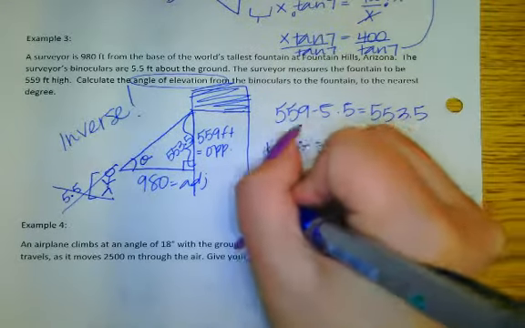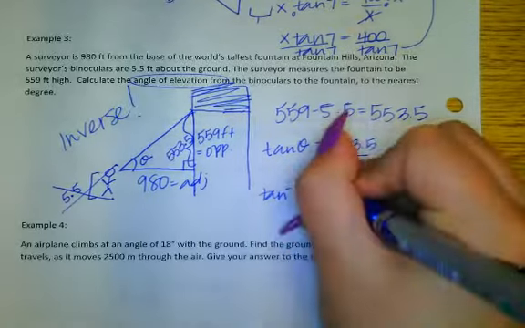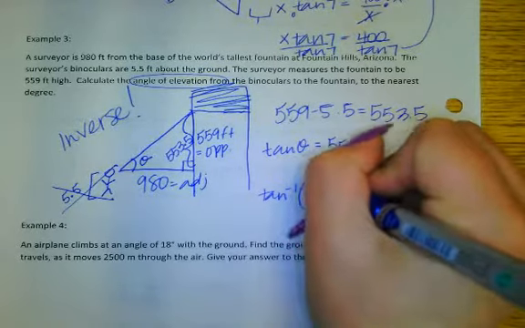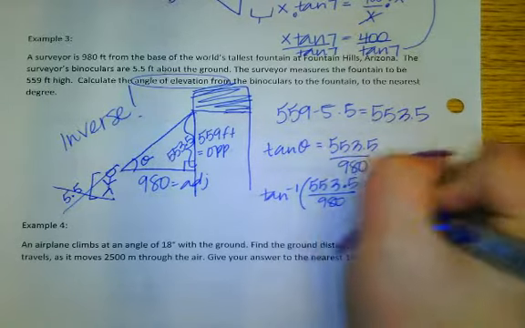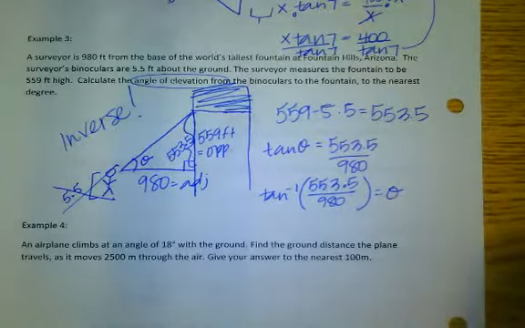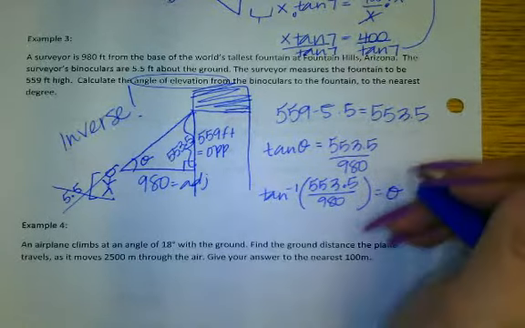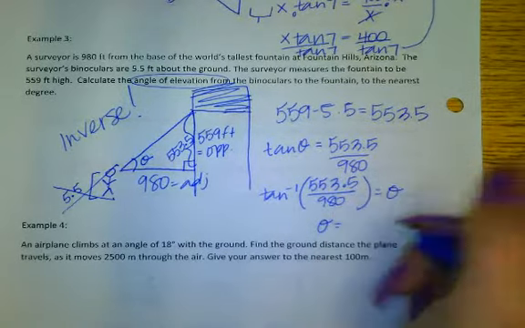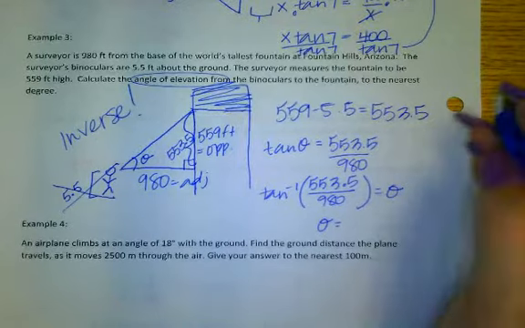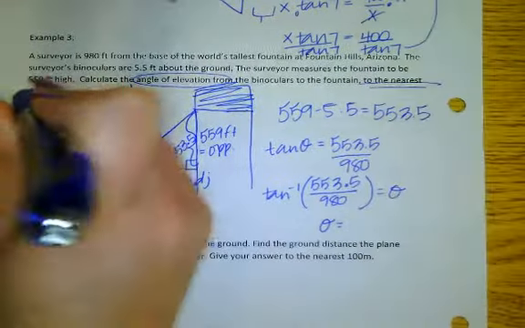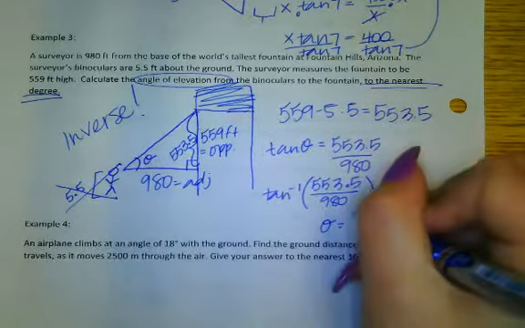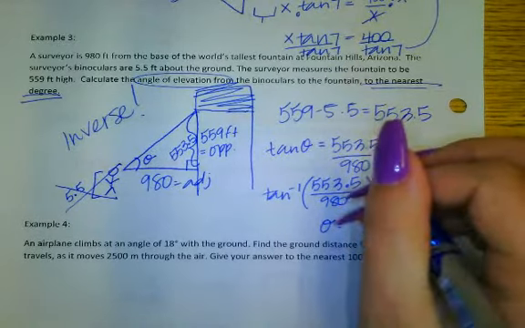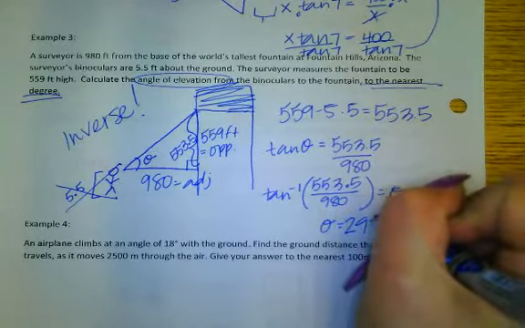Tan inverse. Very good. And what does theta equal, or our angle? To the nearest degree. Pay attention to what you're rounding to. 29. And then make sure you have degrees because you're solving for an angle.